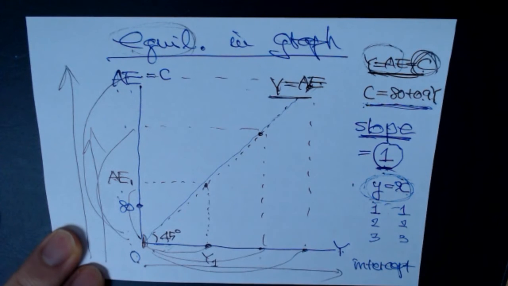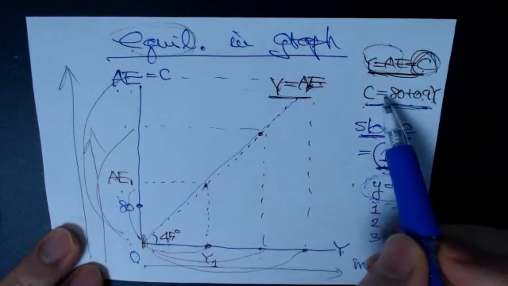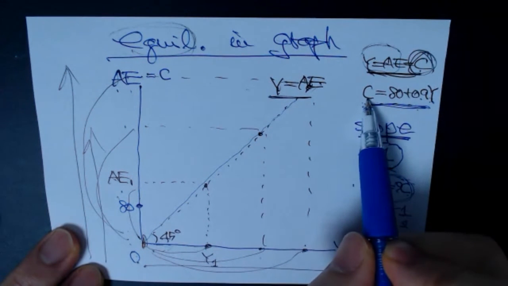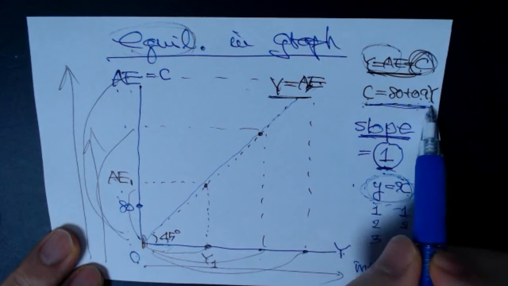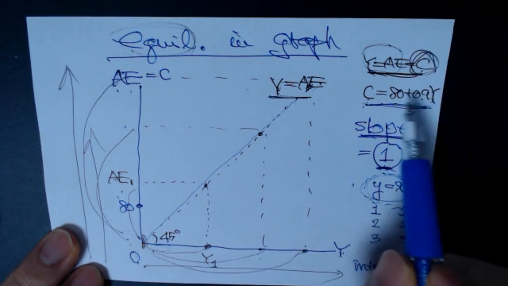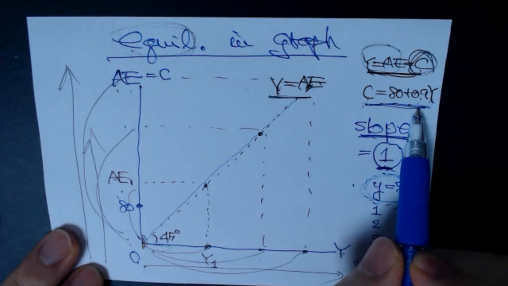And what's the next step? We're going to check when income increases, how much consumption will increase. This graph tells us that when income increases by 1, consumption will increase by 0.9, right?